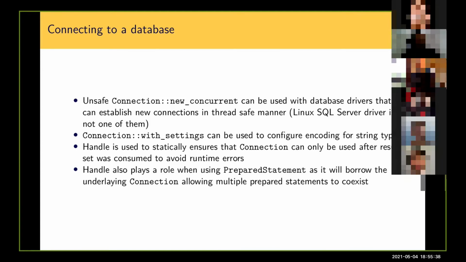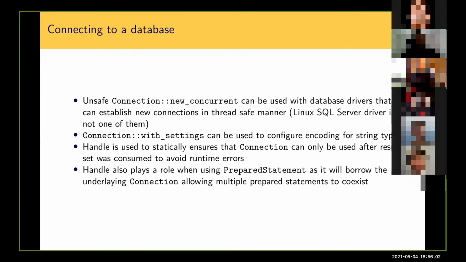There is also an unsafe function called new concurrent, and the idea here is you can create connections in a multi-threaded way, but this assumes that the underlying library is multi-thread safe when making connections.